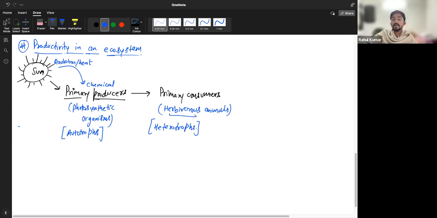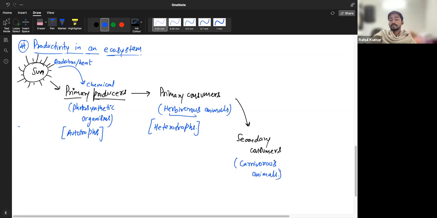And then these primary consumers will be fed on by secondary consumers. And who are these secondary consumers? Carnivorous animals.